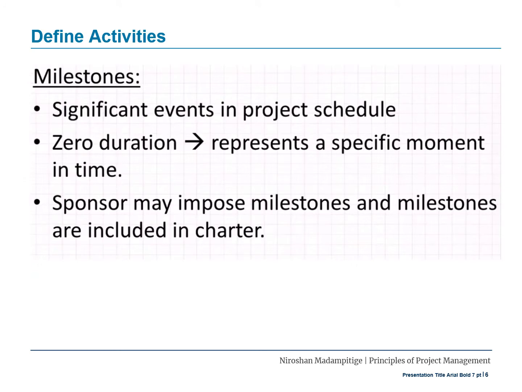Project milestones are the significant events in your project schedule. Zero duration represents a specific moment in time, and your milestones are shown with zero duration estimates. The sponsor may impose milestones, and milestones are included in the charter.